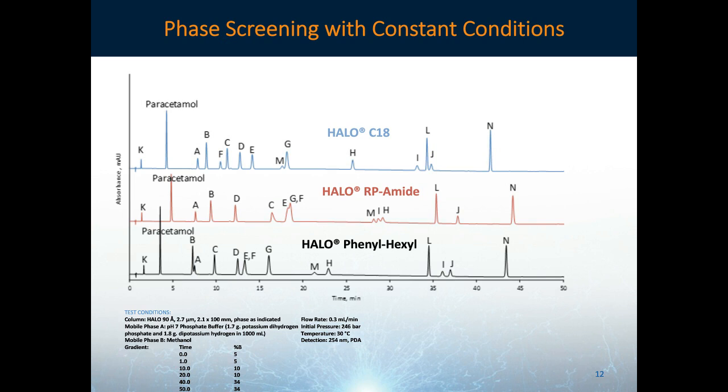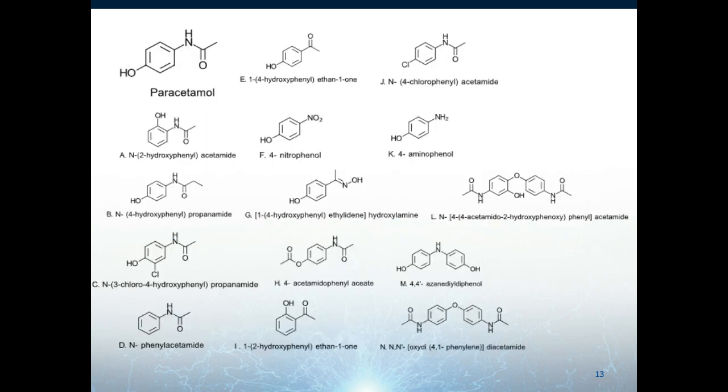So I'd like to draw your attention to the separation of peaks A and B on the Halo C18 and compare that to the elution order change on Halo phenylhexyl. So these two compounds, A is N2-hydroxyphenylacetamide and B is N4-hydroxyphenylpropanamide.